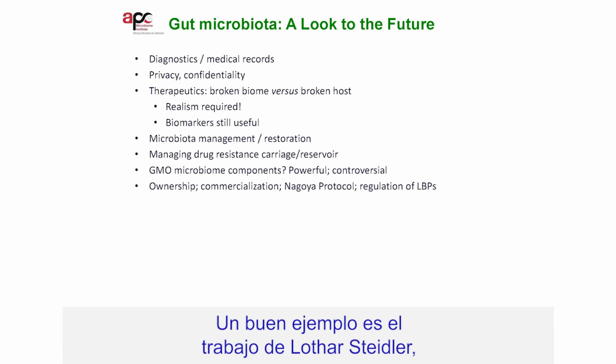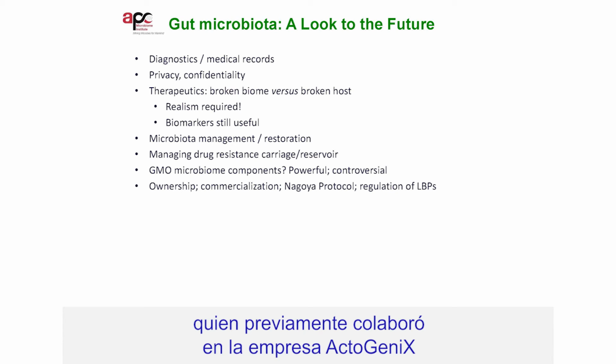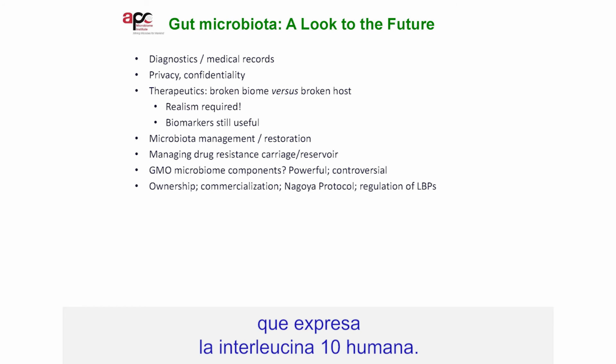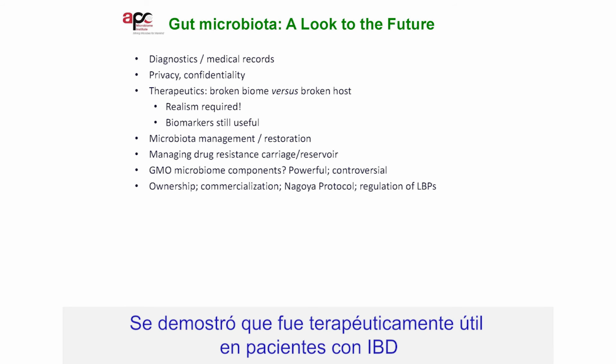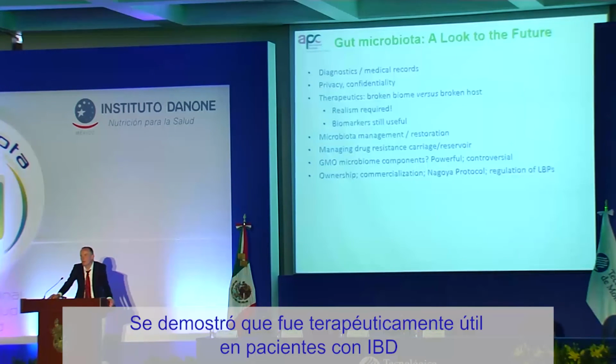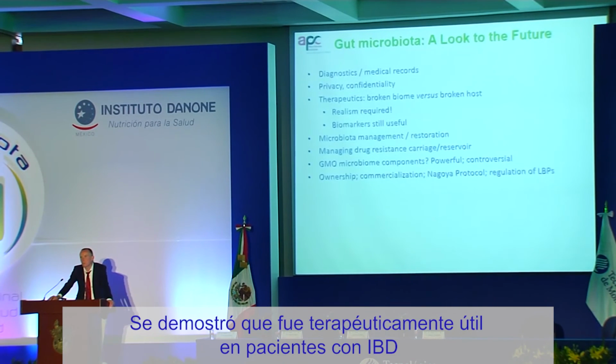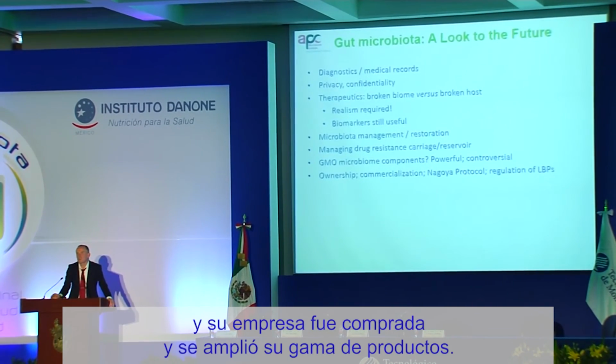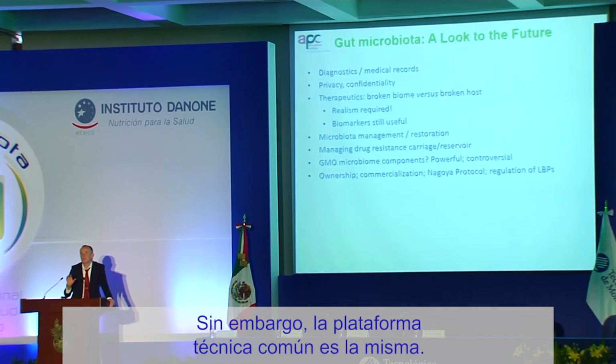A good example is the work by Lothar Steidler, who previously worked in a company called ActoGeniX. What he developed was a Lactococcus lactis expressing human IL-10. This was shown to be therapeutically helpful in patients with IBD. His company has been bought out and has massively expanded its range of products, but the common technical platform is the same.